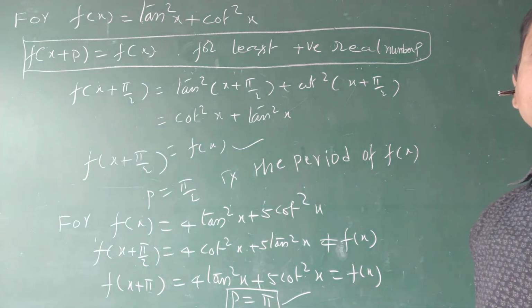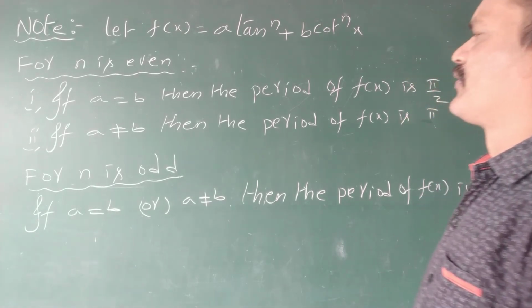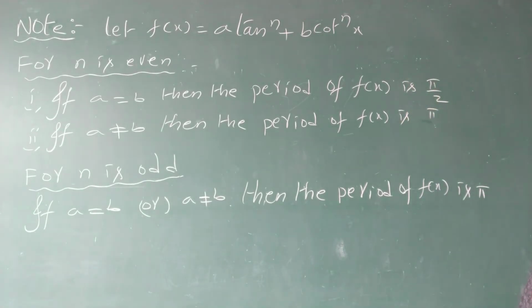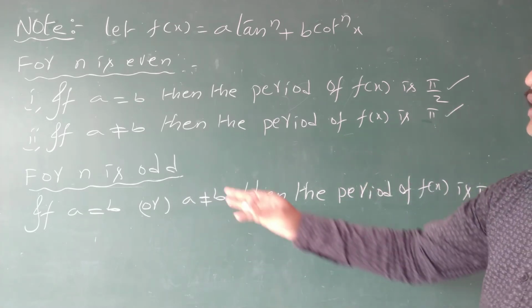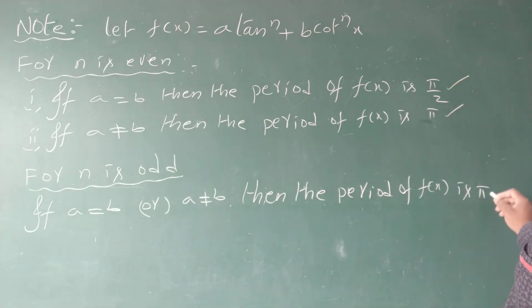Now we are going to note a point. The note point for this question: let f of x equal a tan power nx plus b cot power nx, for n even. If a is equal to b, then the period of f of x is pi by 2. If a is not equal to b, then the period is pi. For n odd, whether a is equal to b or a is not equal to b, the period of f of x is pi.